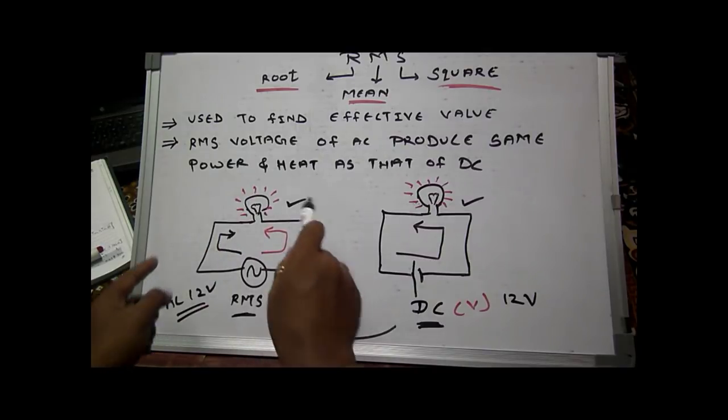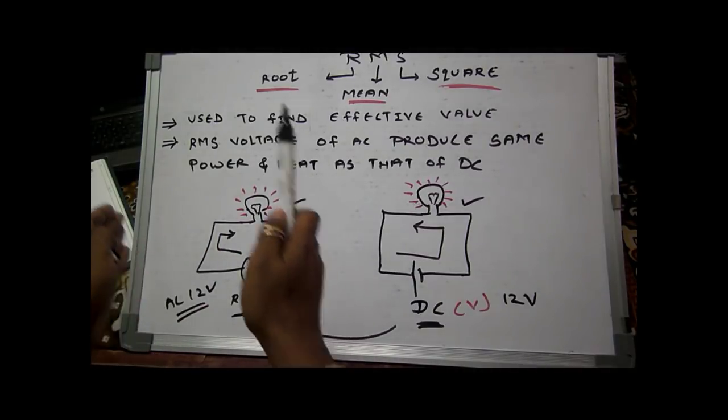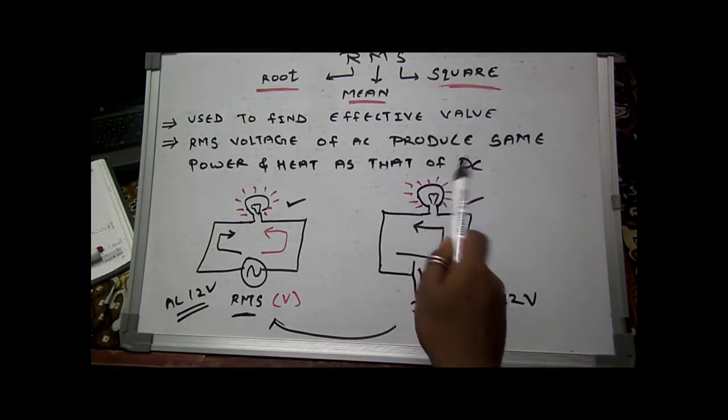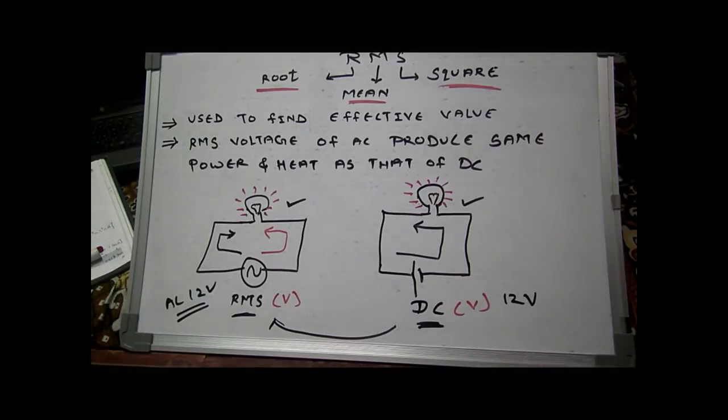Okay, this is the performance of an AC circuit. This is AC RMS. Now if we consider a DC, then current will flow in this direction and this bulb will glow. It will also produce heat. But we have made 12 volt RMS equal to 12 volt DC. Actually AC RMS and DC are the same in terms of power and heat dissipation.